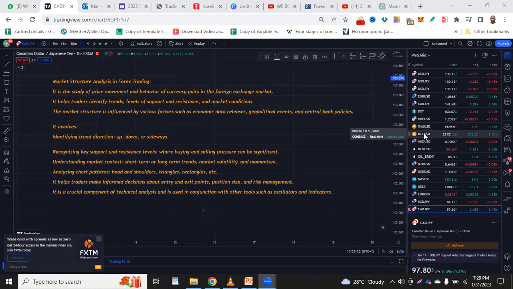Any asset you want to analyze, you can analyze using market structure analysis, right? So analyzing chart patterns, head and shoulders, triangles, rectangles, all of that too falls within the ambit of market structure.